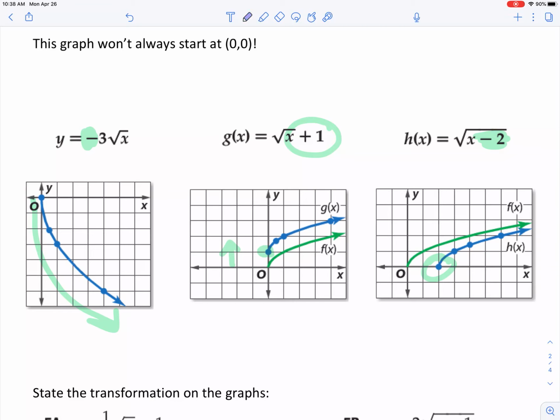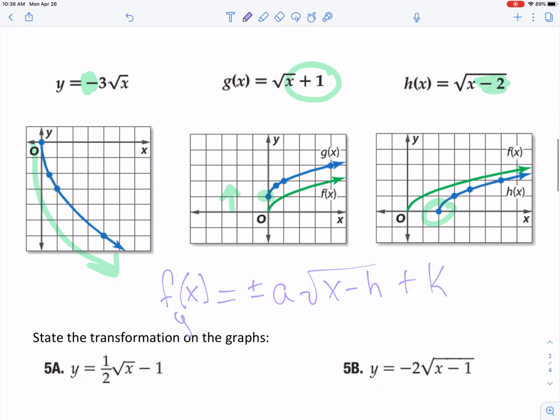So it turns out there's a formula that can tell us what's going on, and that is the function of x, or y, either way, equals positive or negative a, square root sign, x minus h, and then plus k.